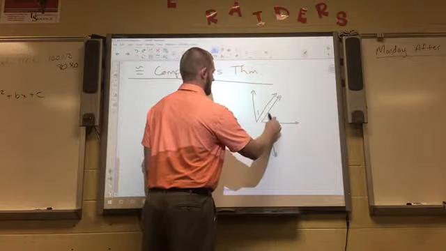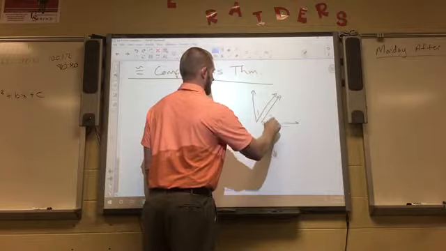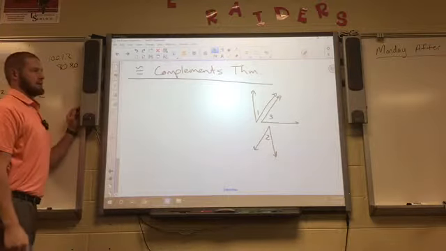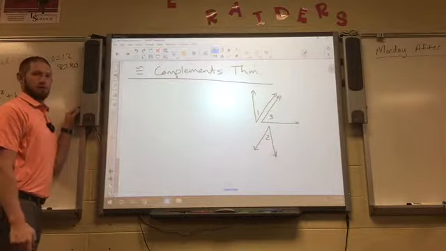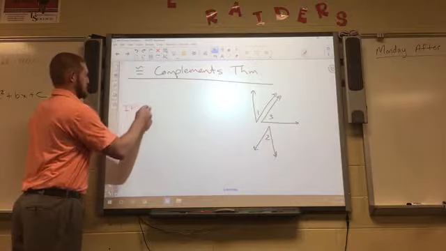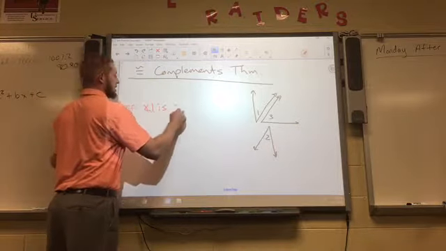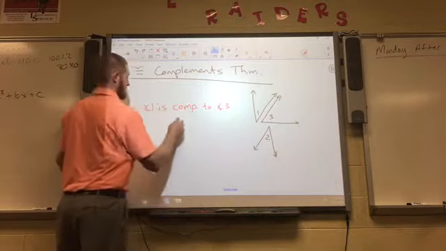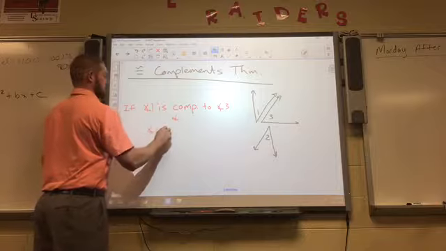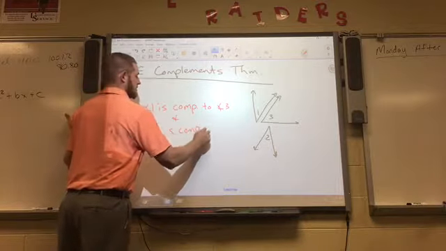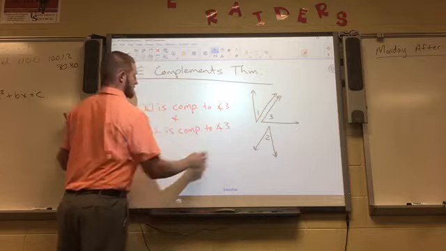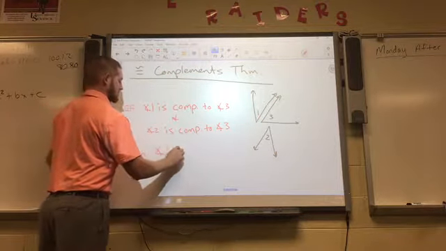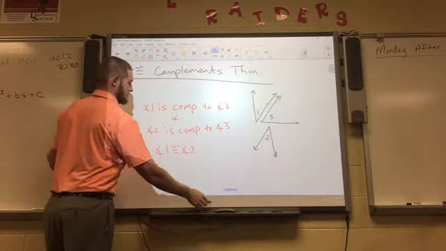But really the theorem reads almost the same. If angle 1 is complementary, there's the only difference, to angle 3, and angle 2 is complementary to angle 3, then angle 1 must be congruent to angle 2.